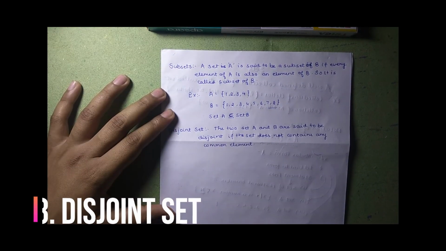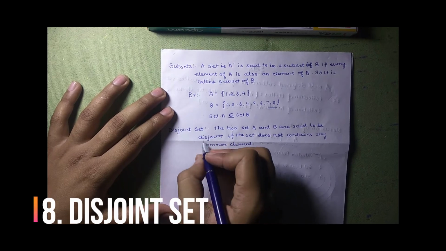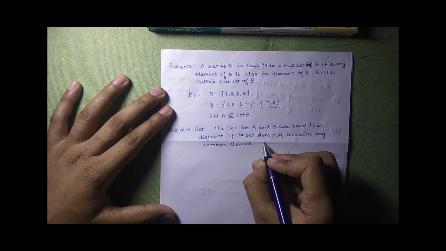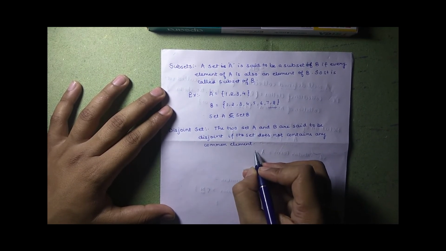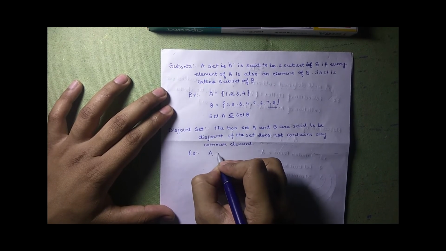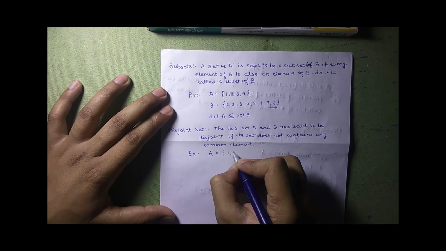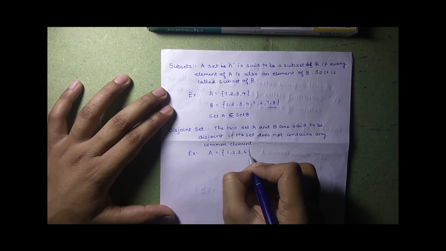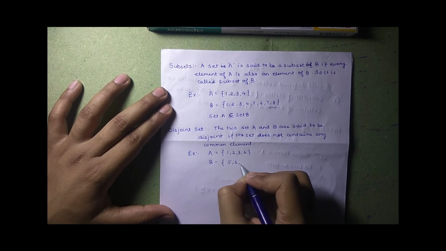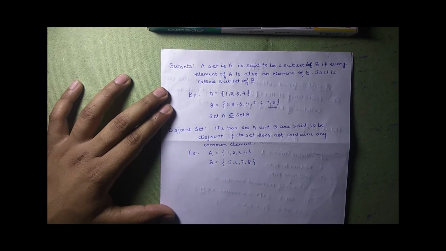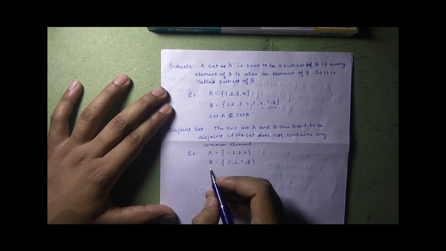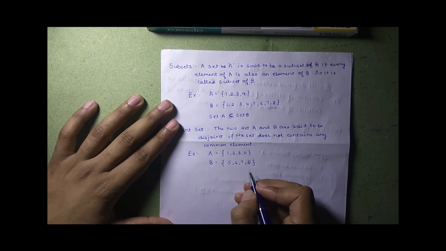The next type is the disjoint set. Two sets A and B are said to be disjoint if they do not contain any common element. We can easily understand this with an example: A equals {1, 2, 3, 4}, and B equals {5, 6, 7, 8}.